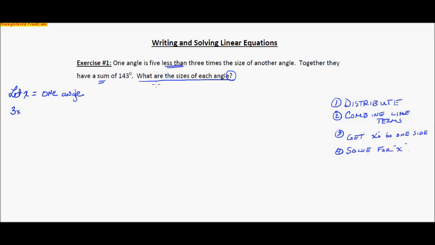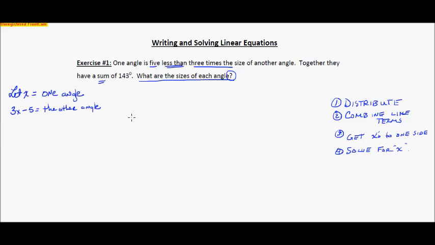Whenever they use the words less than, that means you're going to take whatever comes before those words and take it away from whatever comes after. So I'm going to take 3 times another angle, or 3x, and take away 5. I'm just going to say 3x minus 5 is the other angle. That is part of the problem, defining the variable, so make sure you do that first.